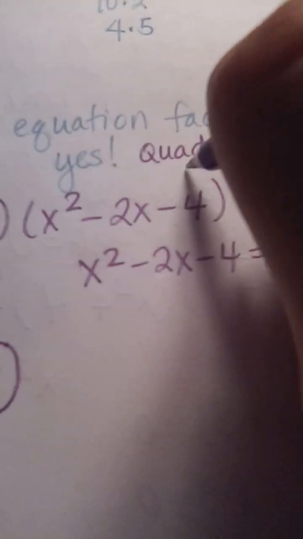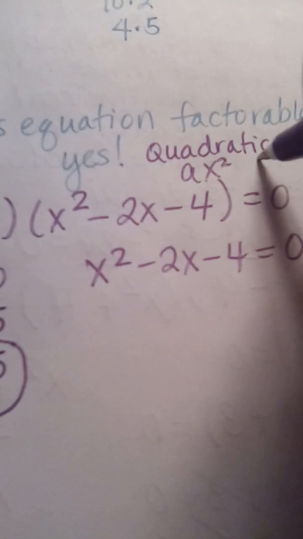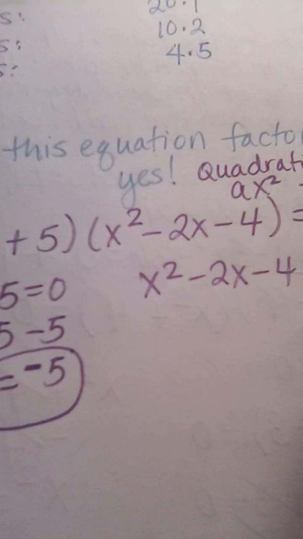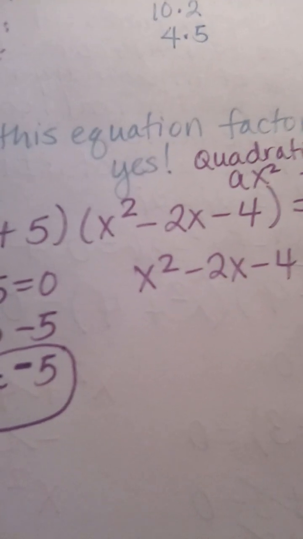Remember the formula for quadratic. I'm going to move this up here. I'm going to make quadratic formula. Quadratic equation, actually. That's a better word. AX squared plus BX plus C equals 0.